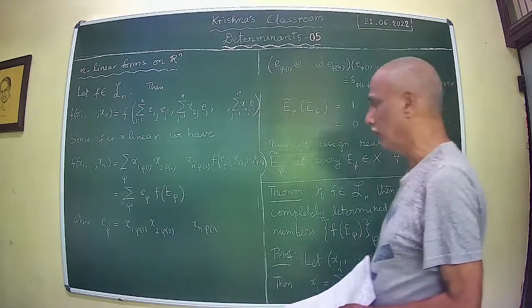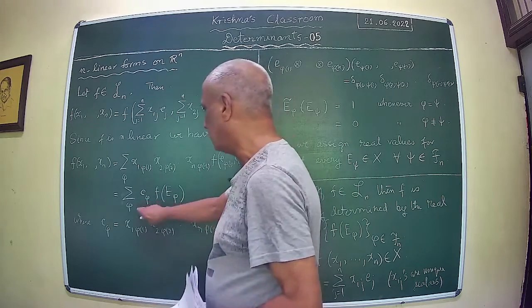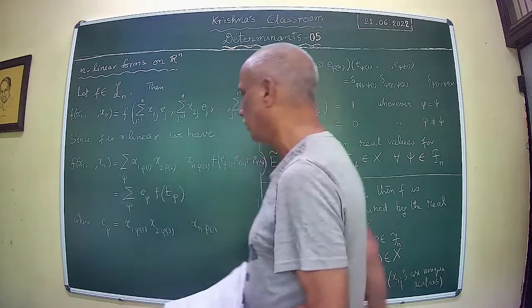Okay, we vary over all phi, and there are n to the power n such phi's, so it's a sum involving n to the power n terms.